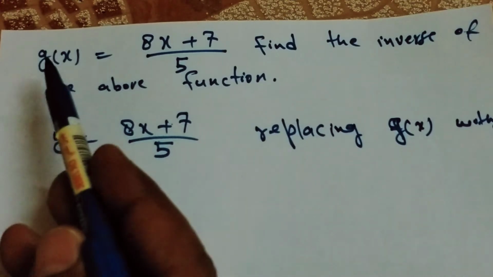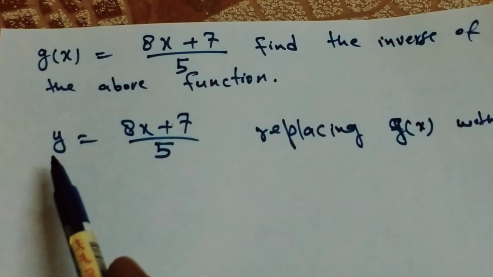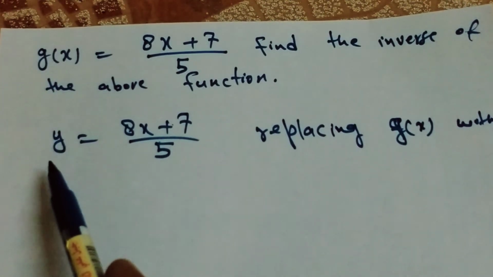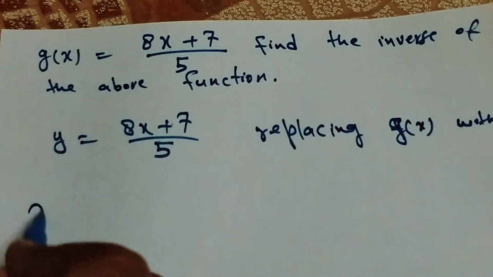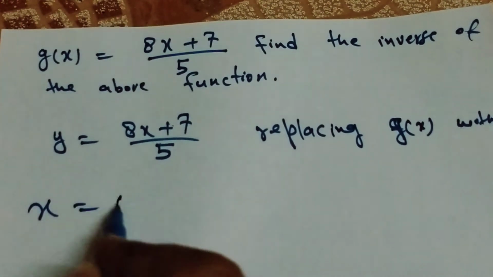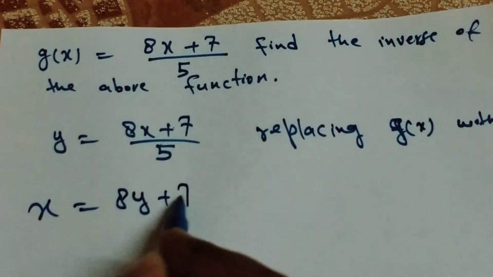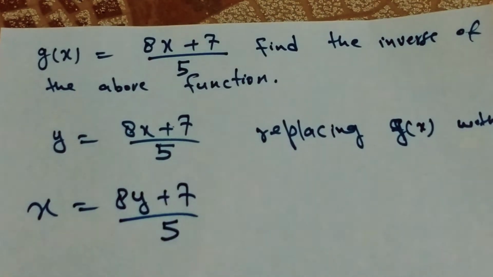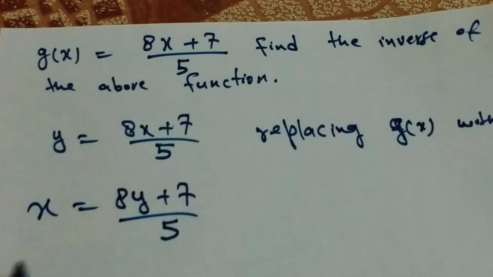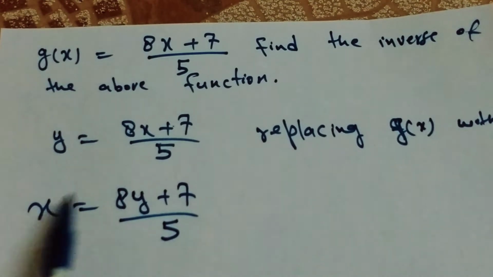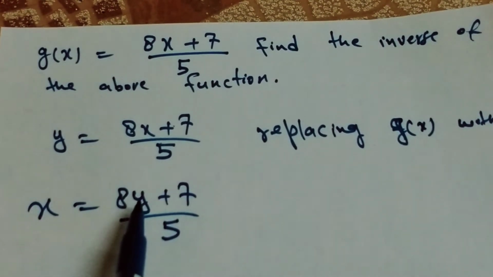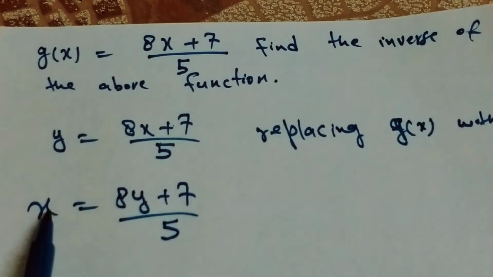Mean at the place of g of x I wrote y. Understand? Second thing, let's see what I did. What I did here, I interchanged x with y. Anywhere it was x, I wrote y. At the place of y, I wrote x.